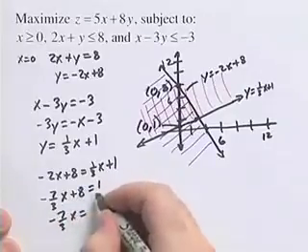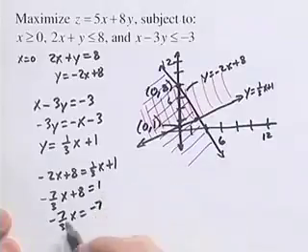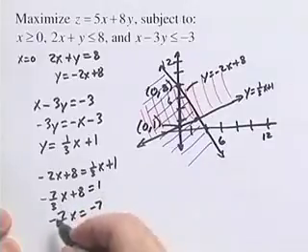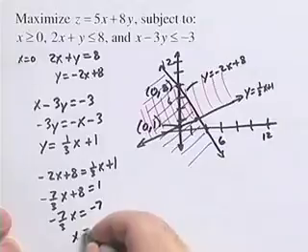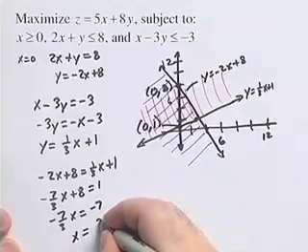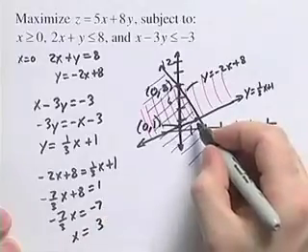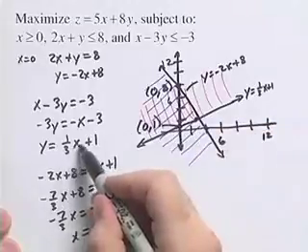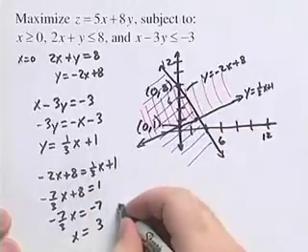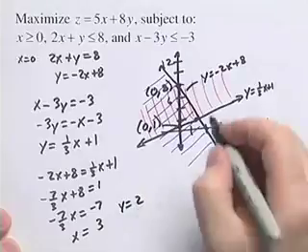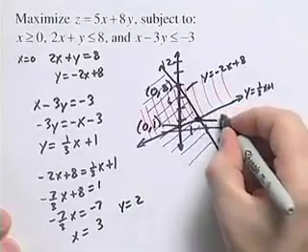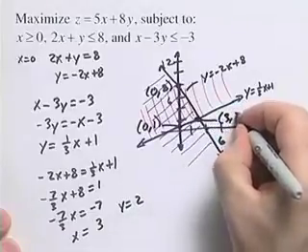We subtract 8, it will be negative 7. We're going to multiply both sides by negative 3/7. We'll get that x is equal to 3. We know the x value is 3. If we plug that into our equation here, we'll see that y is equal to 2. And so this is our point of intersection, 3, 2.